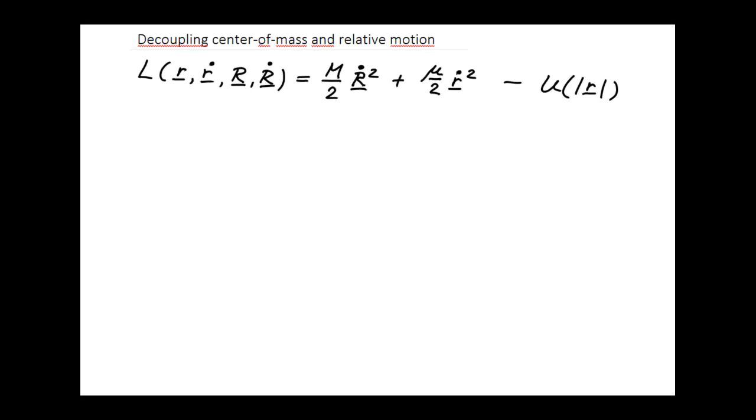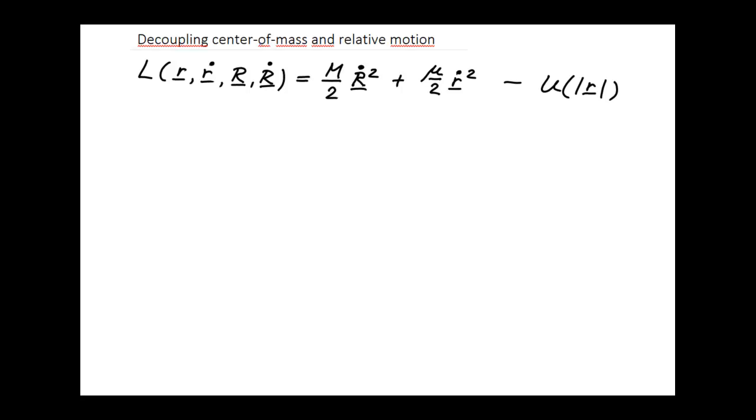In these new coordinates, it's easy to see that the motion of the center of mass and the relative motion of the two bodies actually decouple from each other. To see that, let us copy the new form of the Lagrange function. In this new form, you see that the Lagrange function is the sum of two terms.